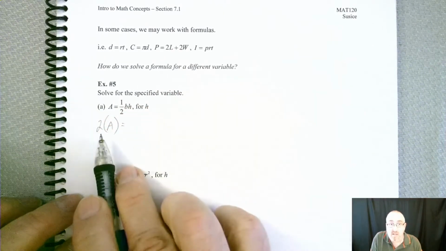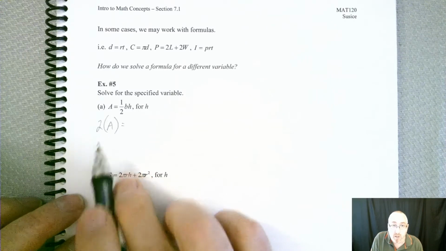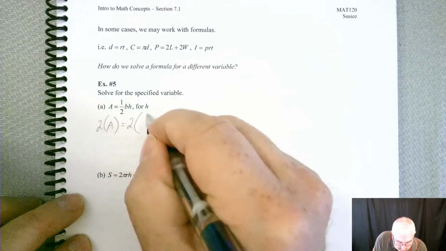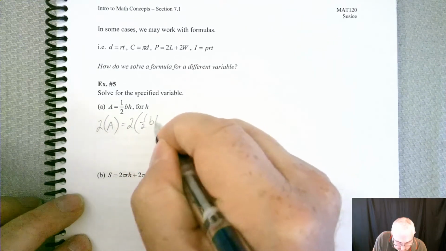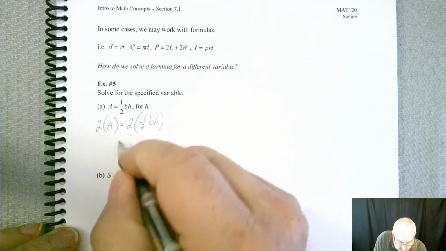On the left-hand side, we're just wrapping the A in parentheses and multiplying it by 2. We're going to do the same thing on the right-hand side, so we have 2 times 1/2 BH. Now, on the left-hand side, we're really not doing much. There's nothing canceling out, so we can remove the parentheses and just write this as 2A.